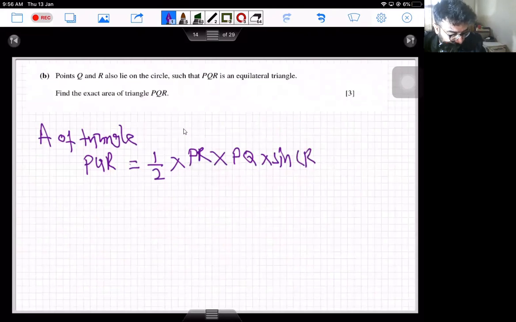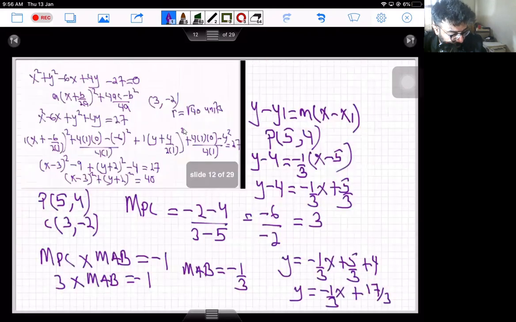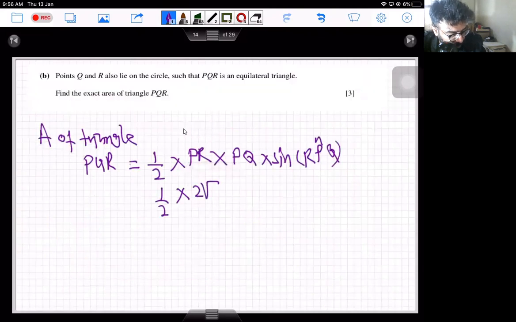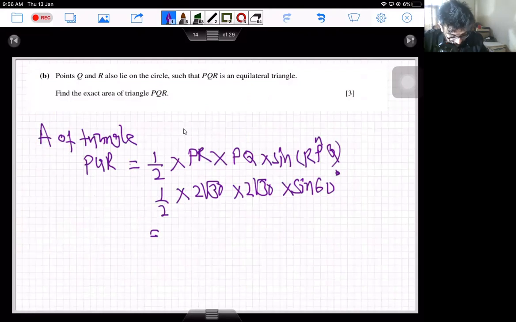So half into 2 root 30 into 2 root 30 multiplied by sine 60. And here you go, you have found the area of the triangle. So 0.5 multiplied by 2 root 30 multiplied by 2 root 30 and then multiplied by sine 60. And 30 root 3 units square is your final answer.